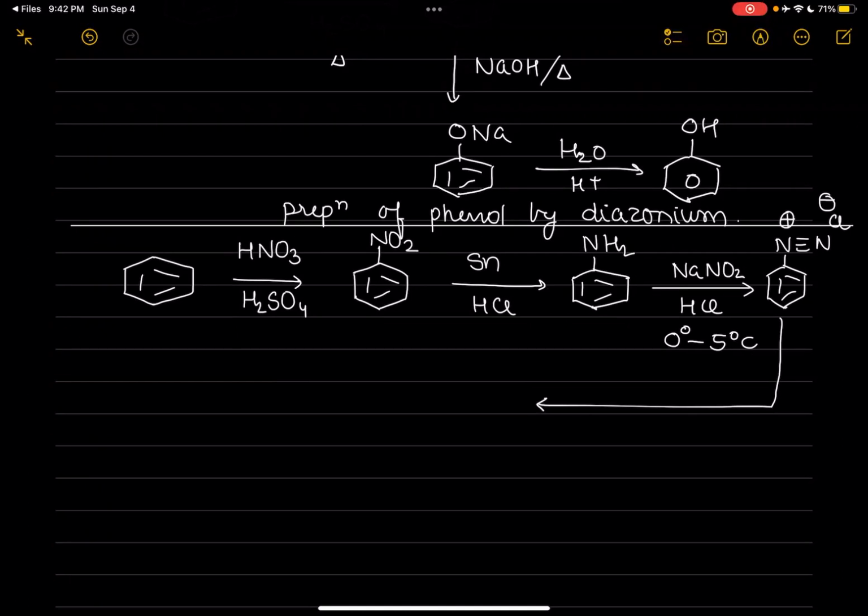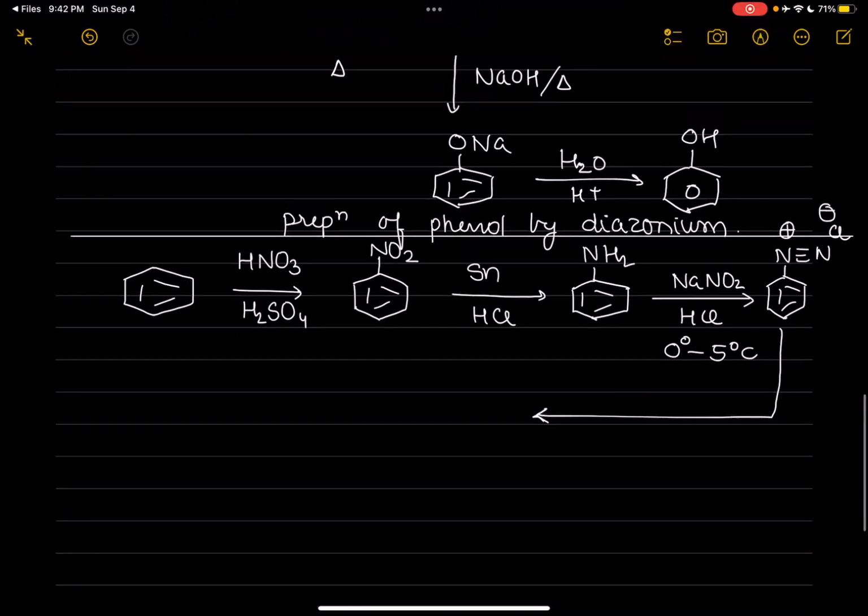You take H2O, boil, dilute H2SO4, heat it with dilute H2SO4. The OH group will come in and replace the N2 group.